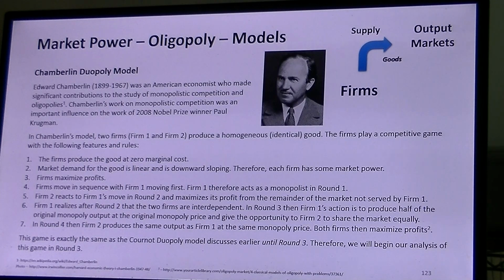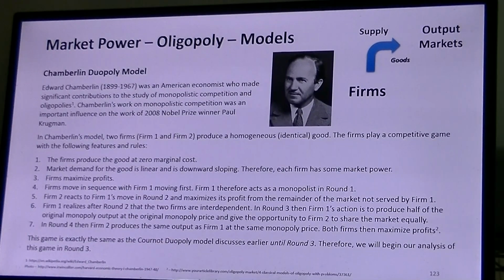Then firm 1's action is to produce half of the original monopoly output at the original monopoly price, and give firm 2 the opportunity to share the market equally. This is a game where the firm anticipates the move of the other firm, and we'll see it produces a very different outcome. It's interesting to note that this is not a cooperative game.